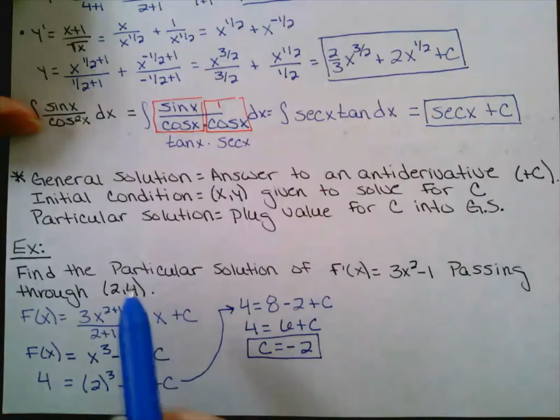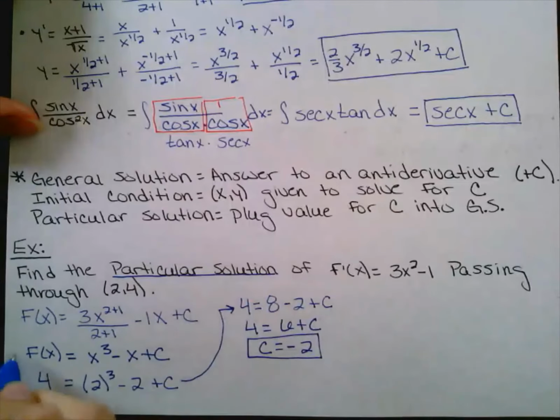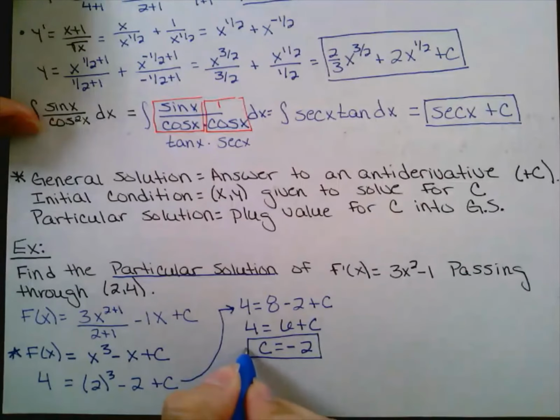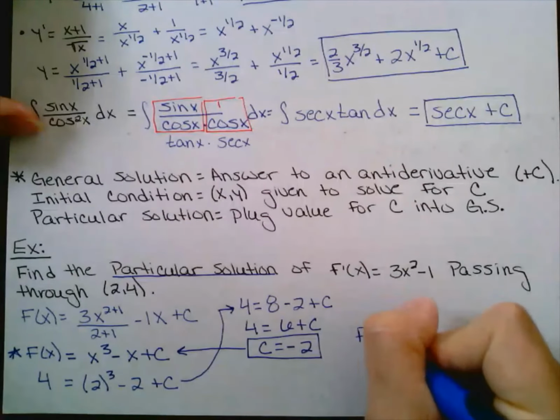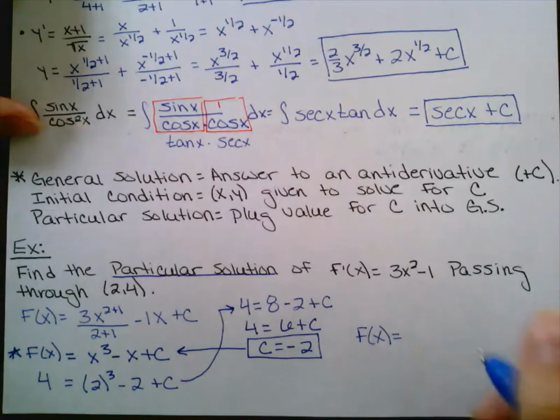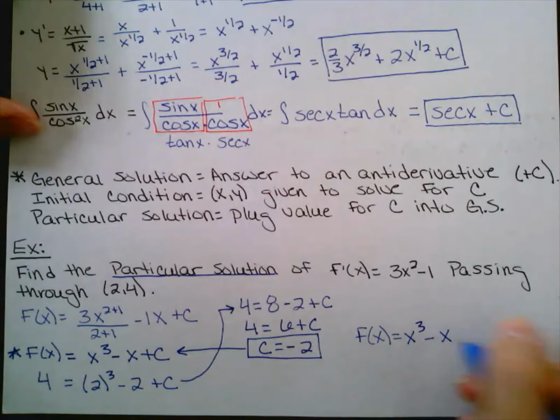Now, I'm not done because I asked to find the particular solution, which means I'm going to grab this antiderivative that I found, and I'm going to plug that c right back into that spot. So I can say f of x equals x cubed minus x, and instead of putting plus c, I'm going to put what c is, which is -2.